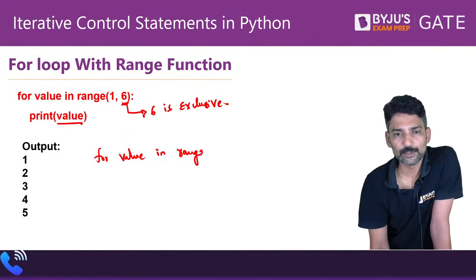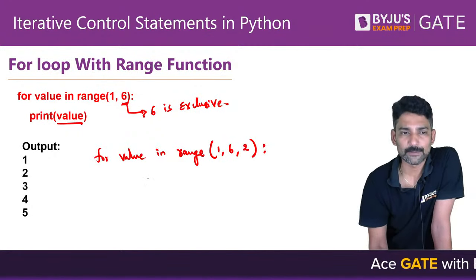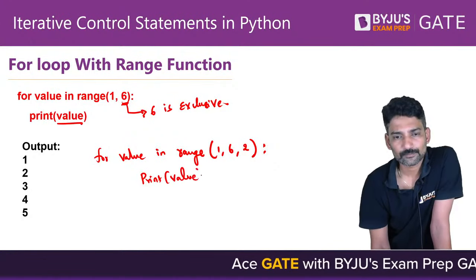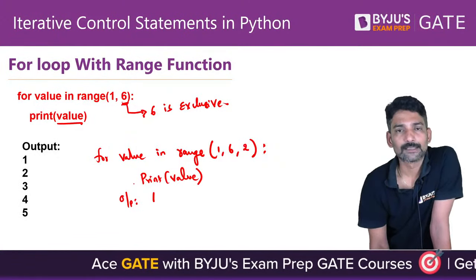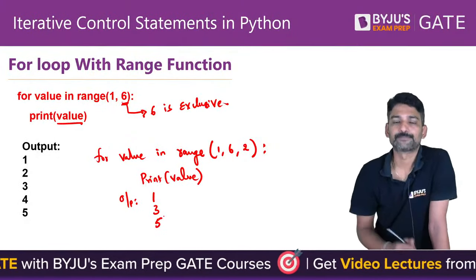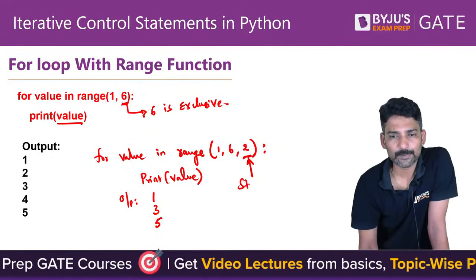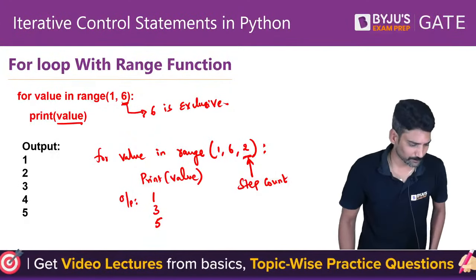So for value in the range 1 to 6, every time I want the increment to happen by 2, and if I say print value, now what I get is 1, then plus 2, 3, plus 2, 5. So this 2 is what you call the step count.